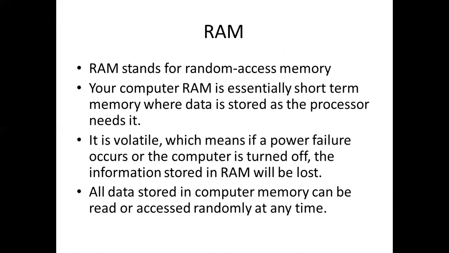And again, adding on that, it's volatile. Volatile means that as soon as the power goes off, you lose everything, because the RAM works only when there is power. As soon as the power goes off, you lose all the information that was stored there.